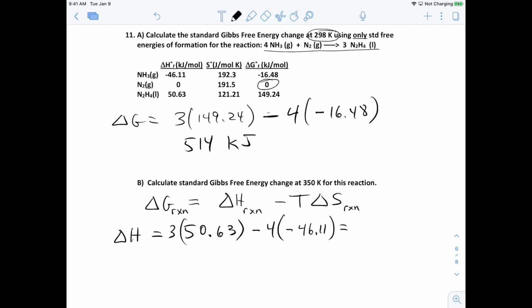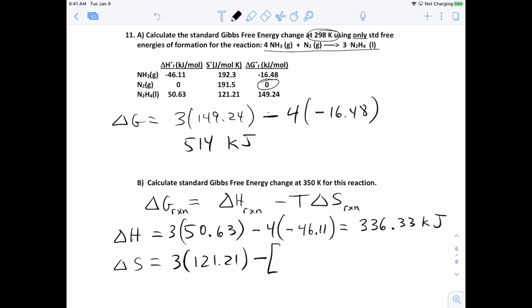And that comes out to, this is positive, these are both positive terms, it ends up coming out to 336.33 kilojoules. Delta S, you do the same thing, except there's more terms in it. It's 3 times the N2H4 again, which is 121.21. Right.